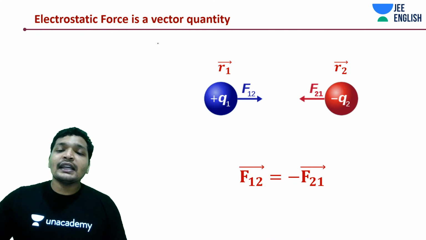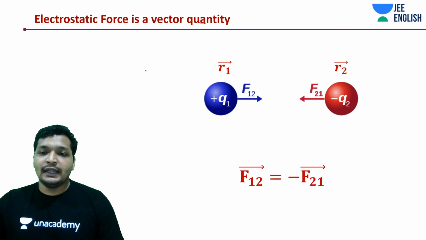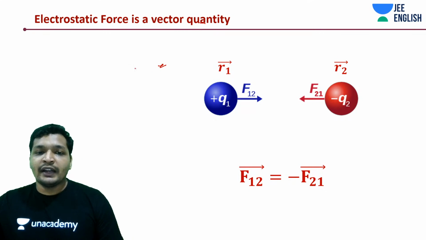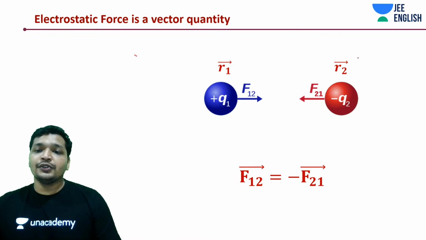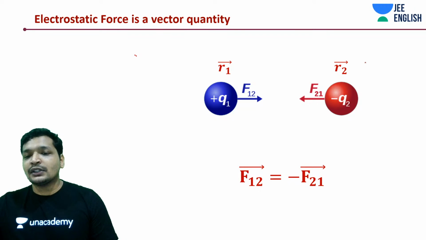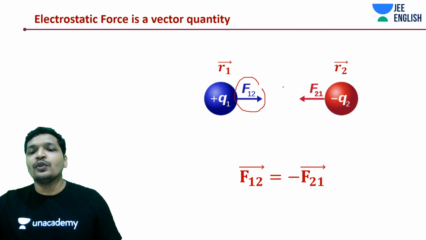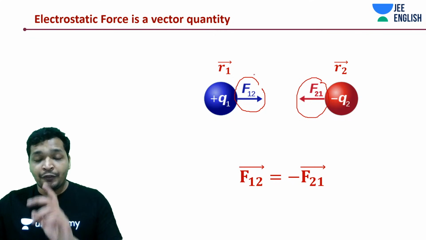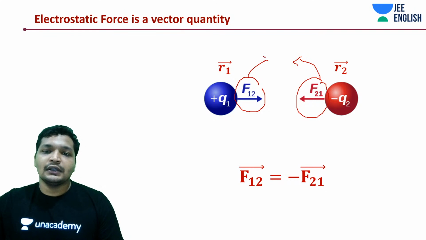So let's say I have a negative charge, minus Q2, right? And this minus Q1 as well. Of course, in this case the forces F12 and F21 are both attractive forces, not repulsive forces.